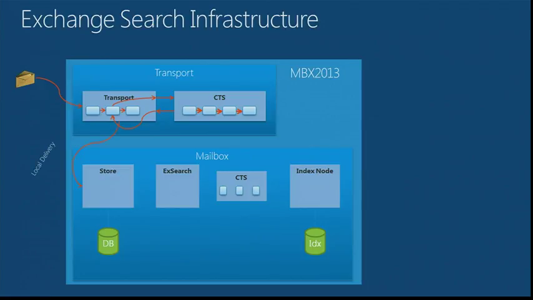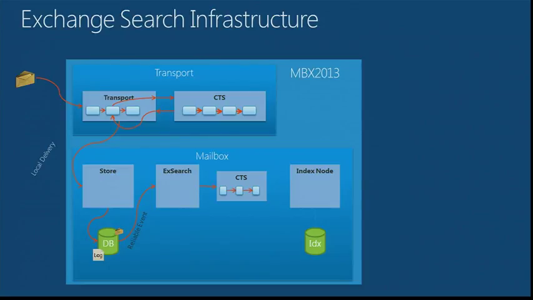Transport takes it, passes it down to the store, and it goes into the database that is replicated. See that little message icon on the database, that indicates it's hit the database now. Once it hits the database, the Exchange Search Service has a subscription event that triggers, and that tells it to go into that database and retrieve the message and its properties and its contents.